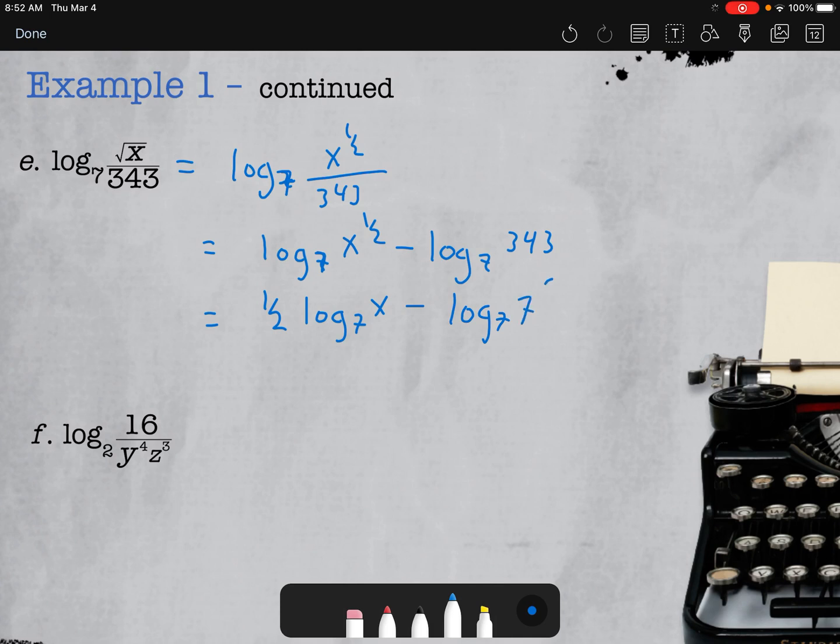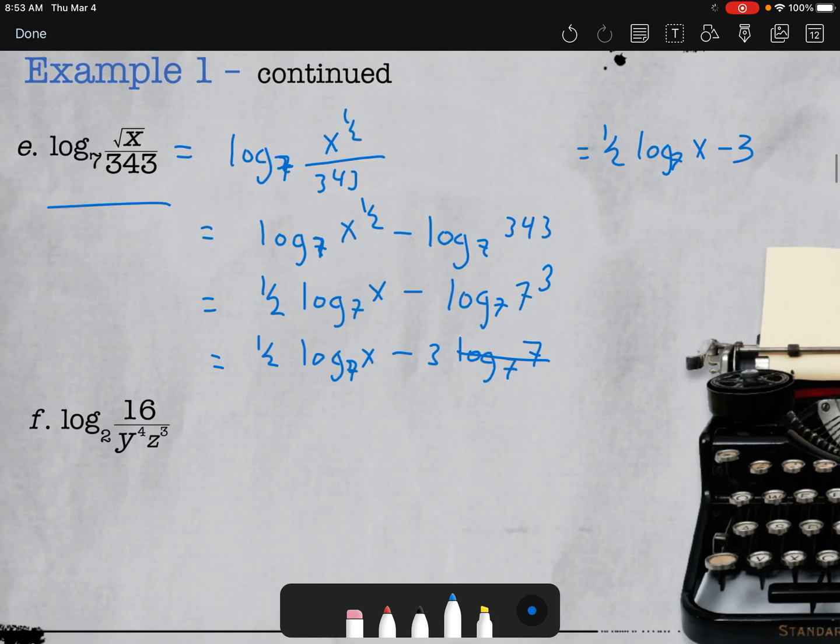So this would be log base 7 of 7 to the third, which would mean that we could move the 3, that's a 7, out front, and then we'd have log base 7 of 7. Well, look at that, guys. That cancels. So the answer would be 1/2 log base 7 of x minus 3. Now, you wouldn't think you'd get to there from the initial, but you do.